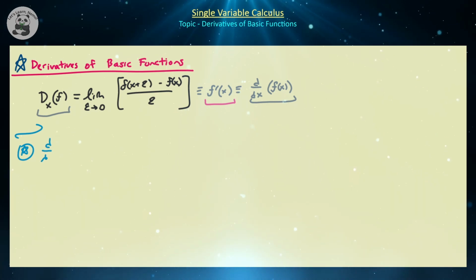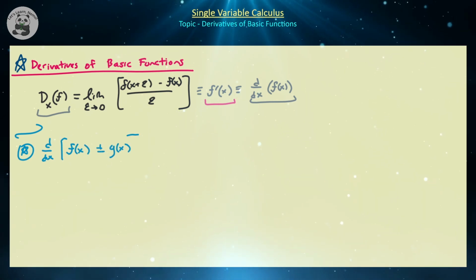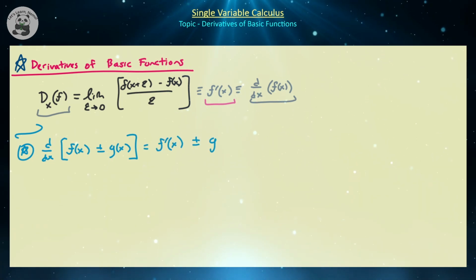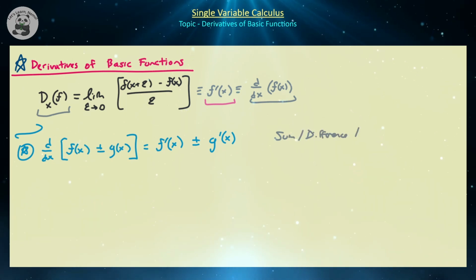And it said that the derivative of the sum or difference of two functions f and g at some point x was equal to just the derivative of the individual functions at that particular point x, added or subtracted from each other, depending on what the sign was in the original. So this was referred to as the sum difference rule for derivatives. In some sense, you can think of this as derivatives can distribute over addition and subtraction.